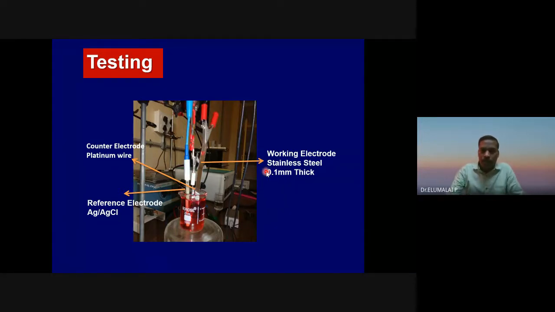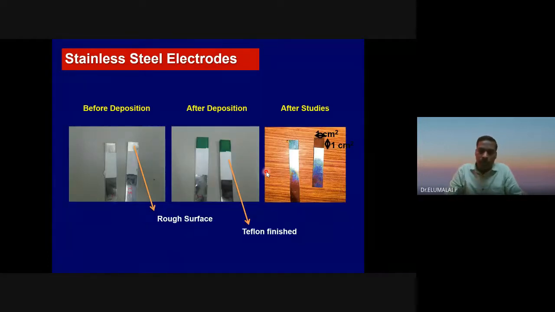Then you do some methods, cyclic voltammogram, potentiodynamics, etc. You get deposition of nickel hydroxide. And here you don't need any other paste preparation. It is already ready-made available. Electrodes are ready-made. If it is a battery material, you can make it a battery, or if it is a supercapacitor material, you can use it for a supercapacitor device.